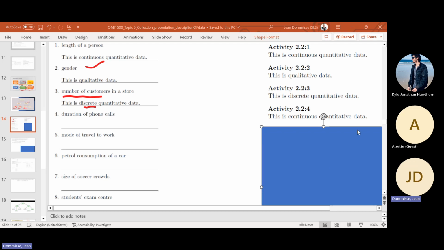And then if you need to add the quantitative to it, perfect. Mode of travel to work. So what do you think?